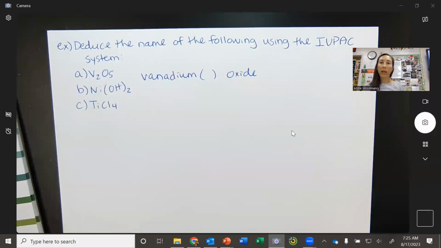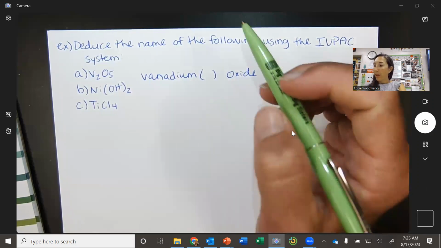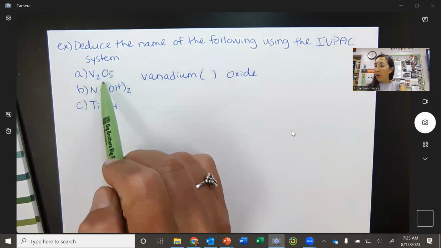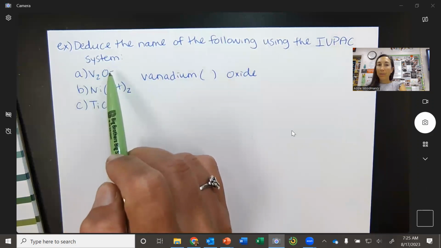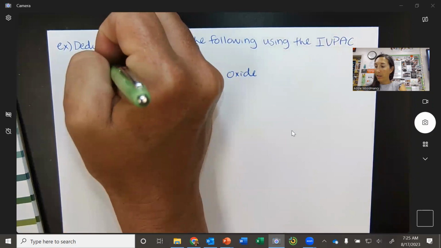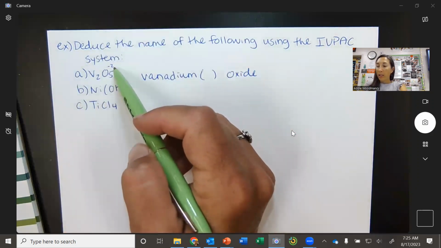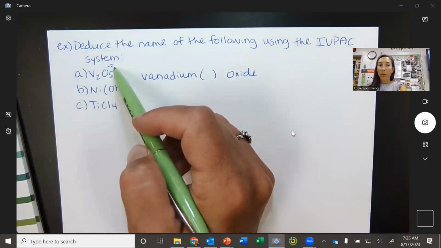The way we're going to figure out those Roman numerals is what we did yesterday. The overall charge of this compound is 0. Oxygen has an oxidation state of -2. So there's 5 oxygens, each with a -2 charge, for a total of -10.